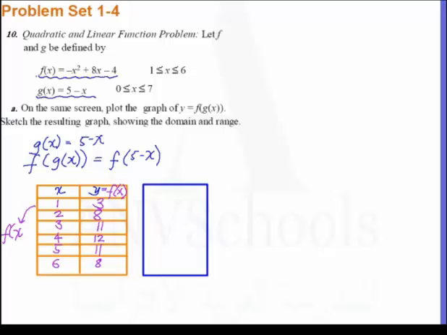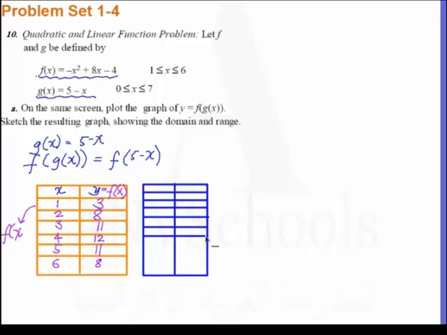Now we're going to graph the g of x. Our g of x has a restricted domain from 0 to 7.